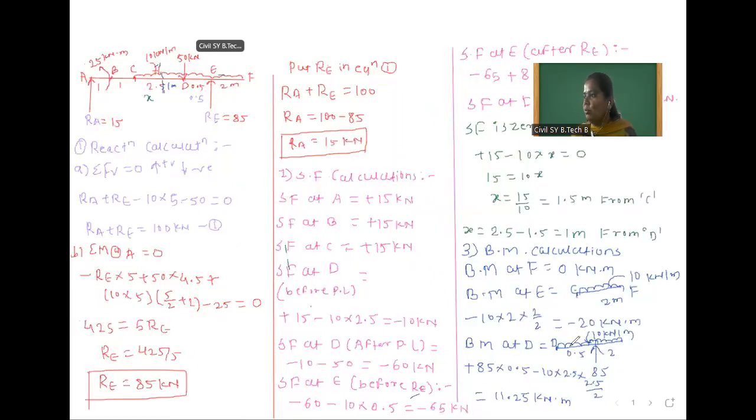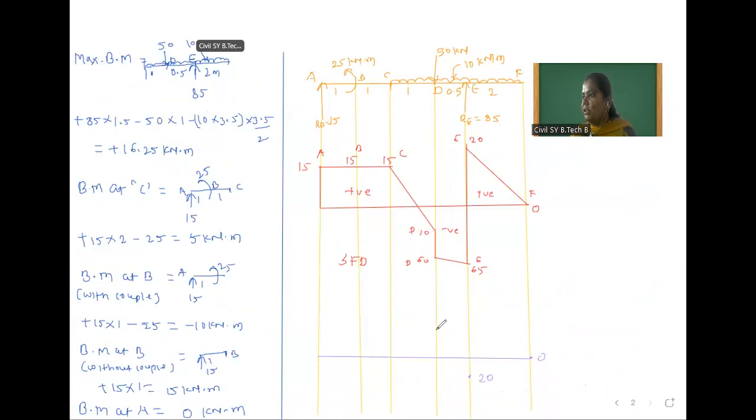After that, bending moment at D is plus 11.25. That means at D, above the baseline here, suppose 11.25. After that, bending moment at C. We will mark it later because we have to extend this line.